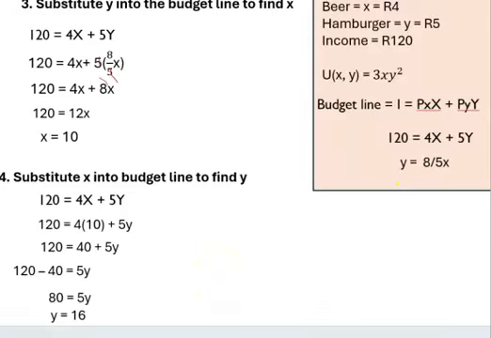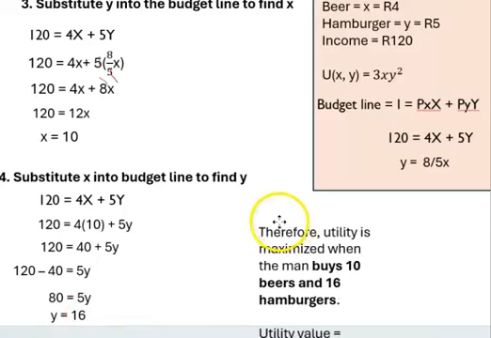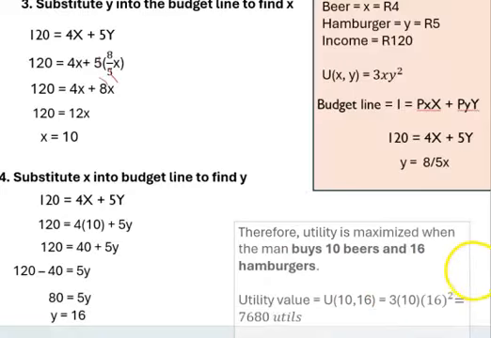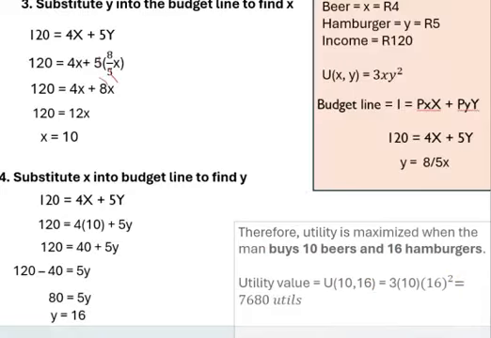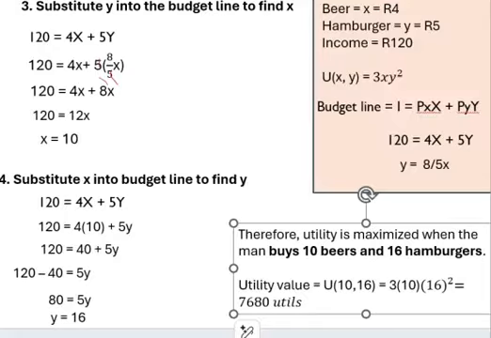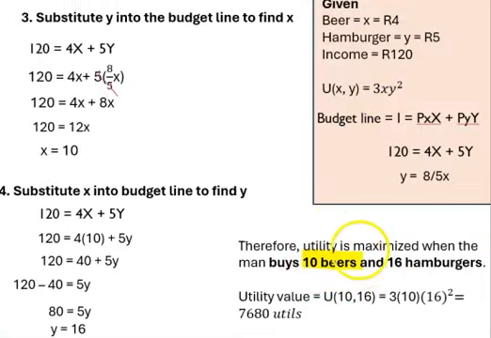So what does this mean? We've got x equals 10 and y equals 16. This all means that our utility is maximized when the man buys 10 beers and 16 hamburgers.